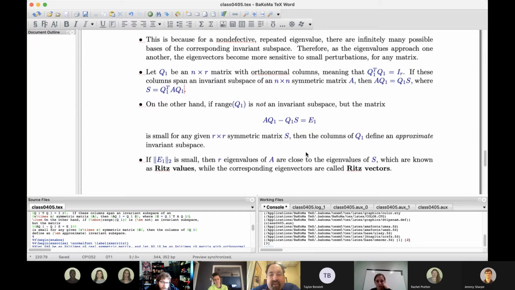So if this relationship does not hold but approximately holds, with some small error left over, then the eigenvalues of S at least well approximate selected eigenvalues of A.